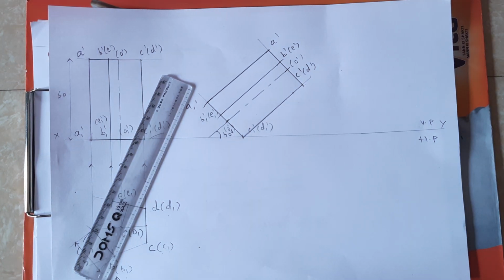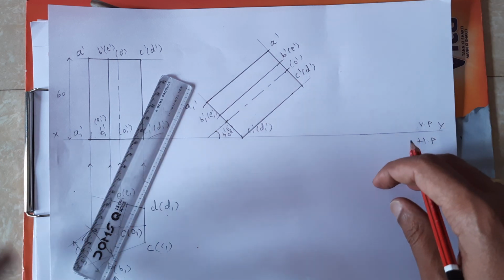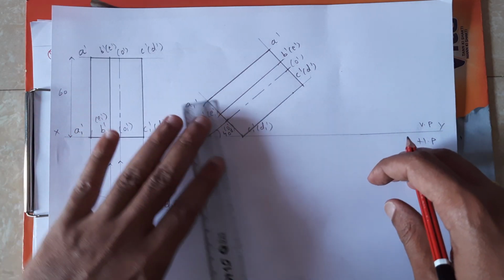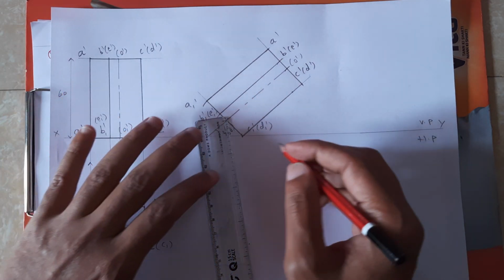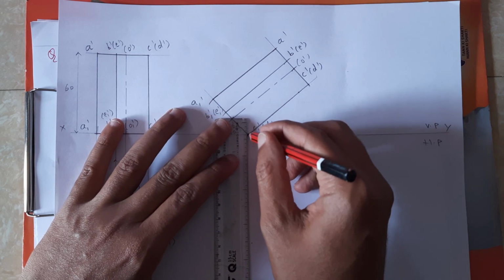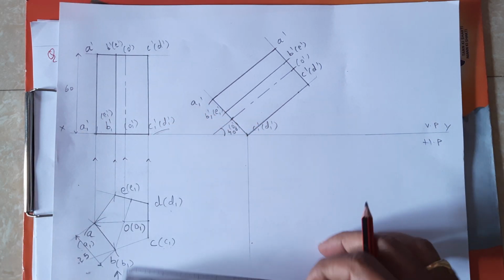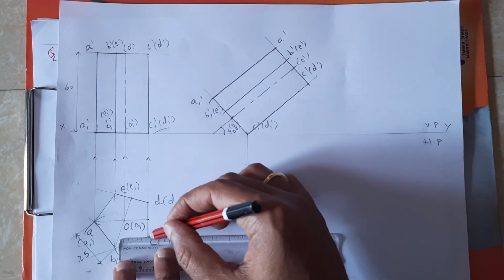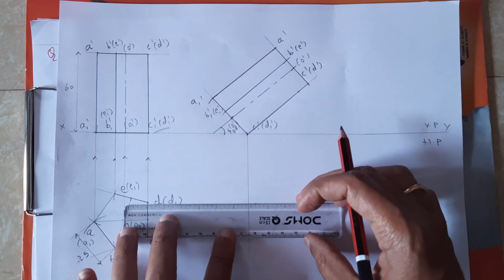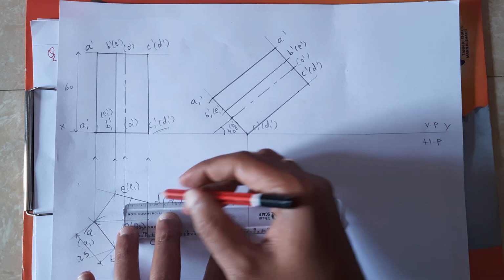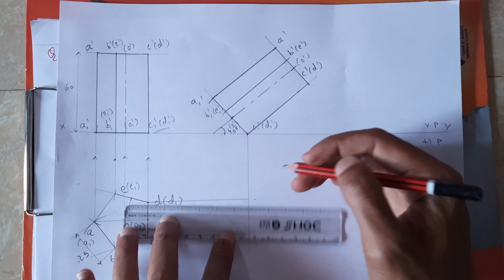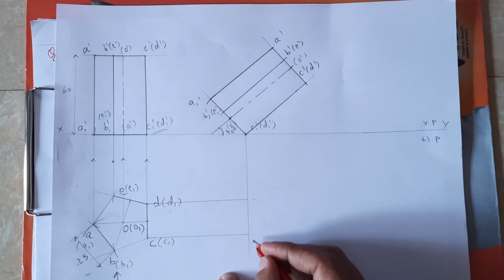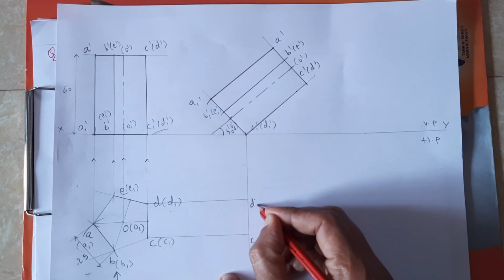Okay. Now we need to draw the projections. So as I told, you need to go step by step. So I will draw the first vertical projection from C1 dash to D1 dash. So draw the horizontal projection where both will intersect. So that will be the bottom face, right? This is C1 and this one is D1.